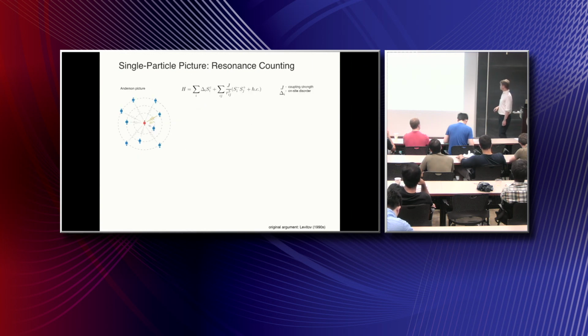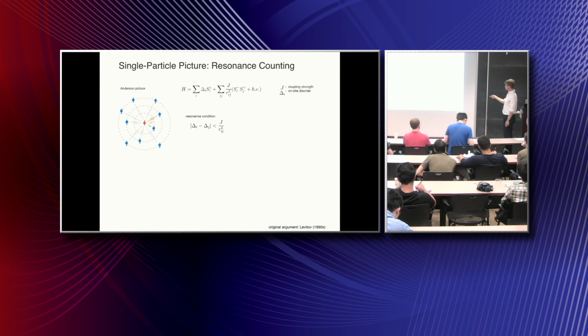And one can actually describe this, at least in a single particle picture, when you have just one spin which tries to relax to one of the other spins, by using something called a resonance counting argument. So the idea is the following.